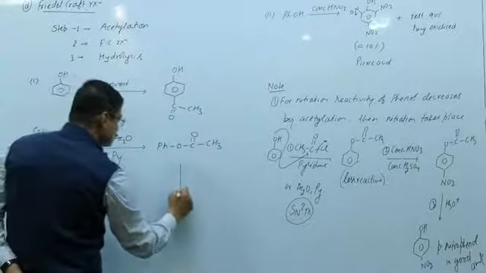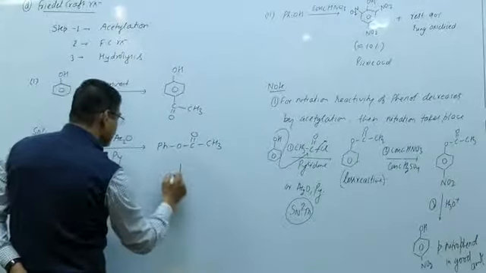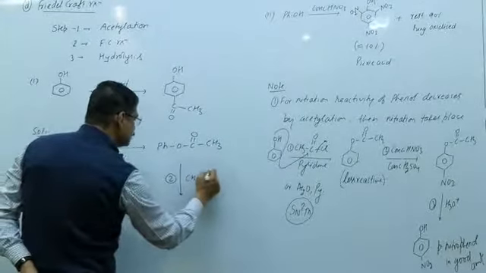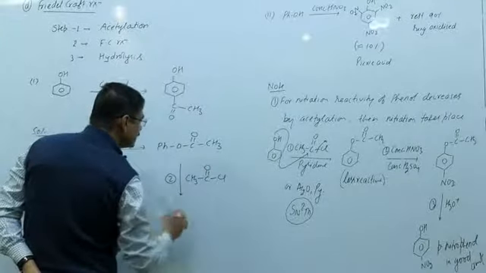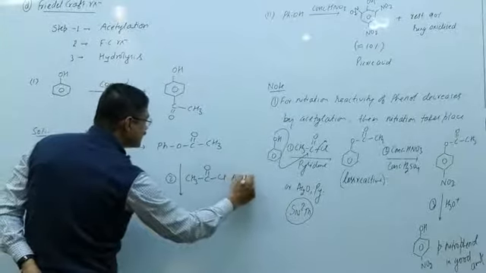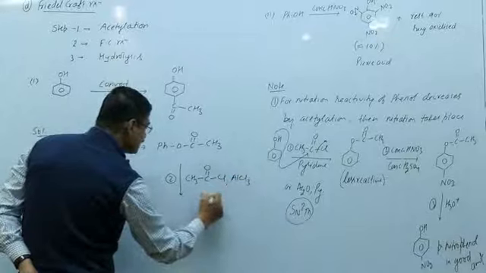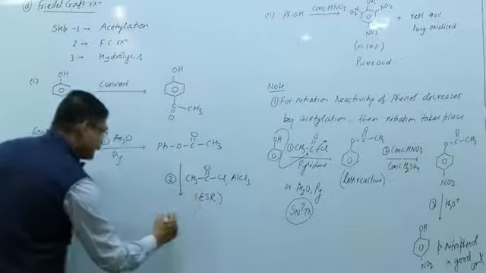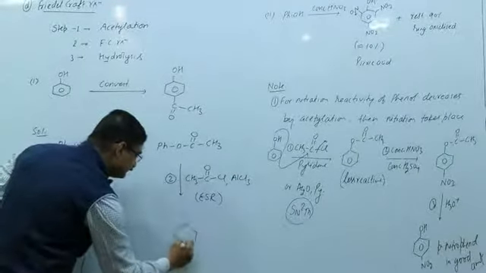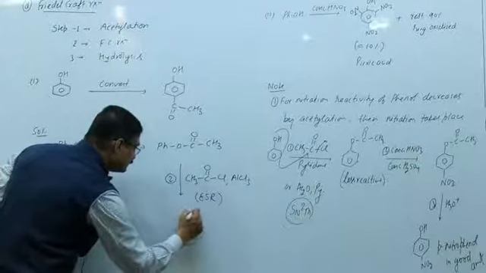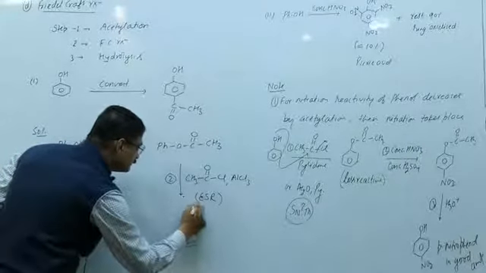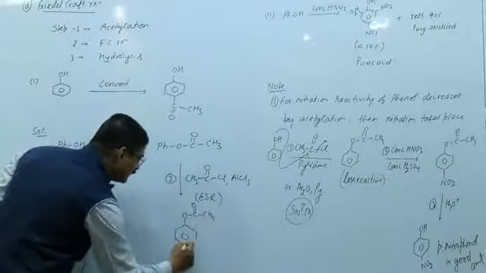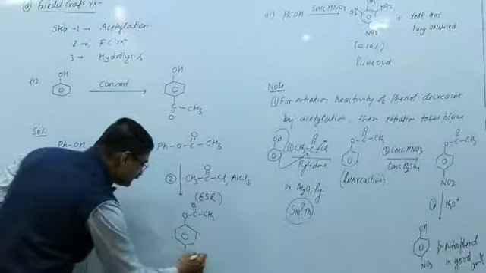Now, in the second step, acetyl halide and AlCl3 is taken, that is an electrophilic substitution reaction. And in this reaction, acetylation takes place.